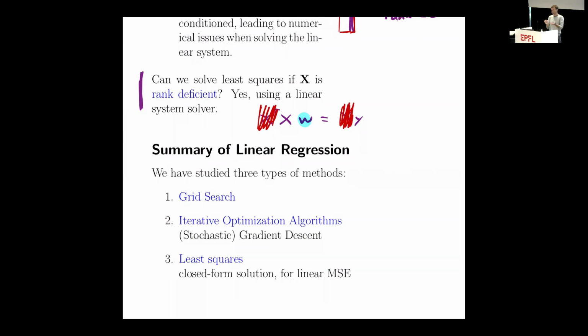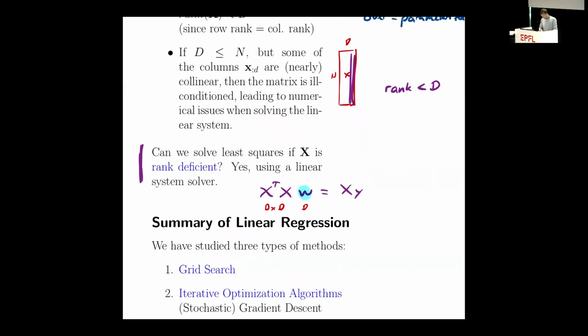So not every linear system has a solution, but this is a special linear system because it has the X kind of on both sides, and this one always has a solution. Because it's a D by D matrix, and we have D variables, so there is always one solution, but there might be several.